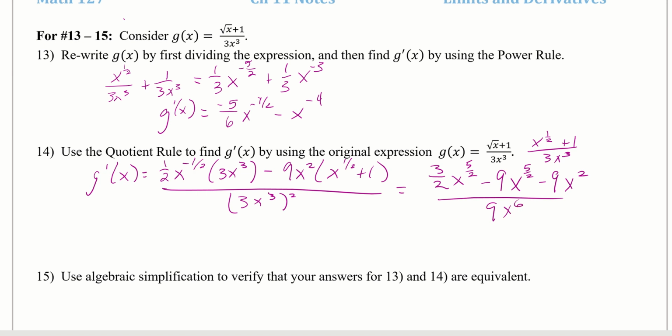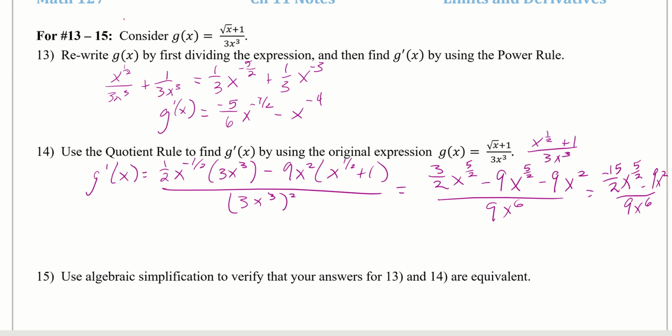Okay. I can combine the first two, and so 3/2 plus 9, that would be 18. So that would be 18/2, so minus that, so negative 15 over 2x to the 5/2 minus 9x squared over 9x to the 6th.